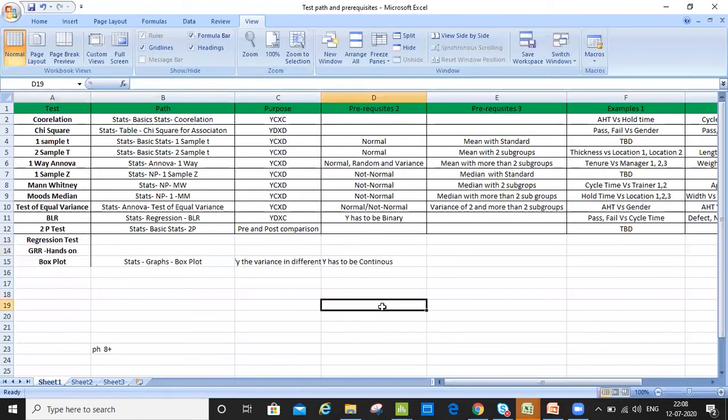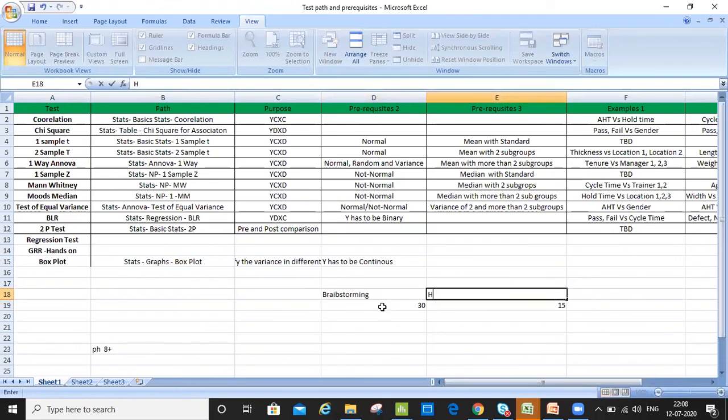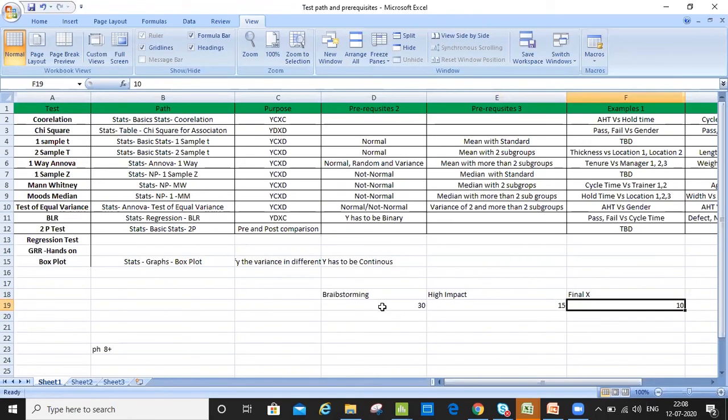So 30 from brainstorming, 15 were high impact. And for the final X's, you got 10 because you did the hypothesis testing on all 15, and out of those, 5 were null and 10 were alternate.